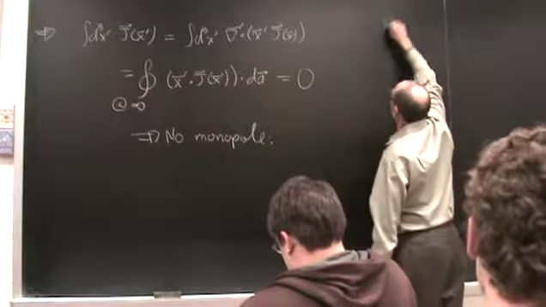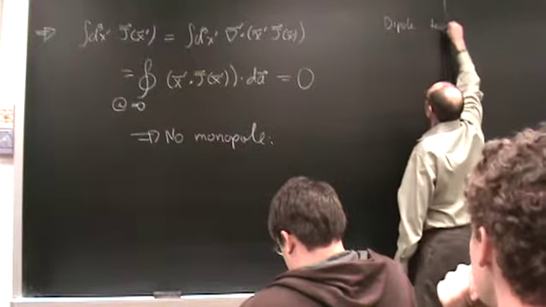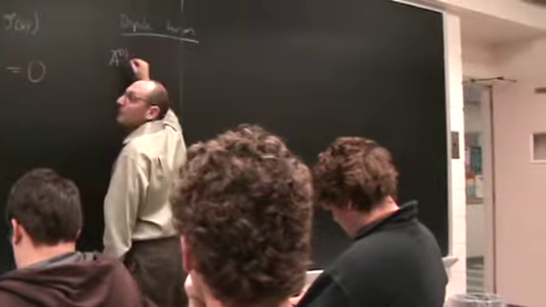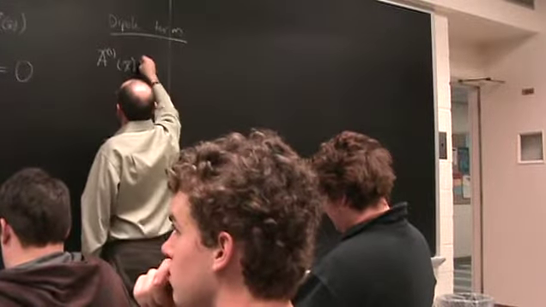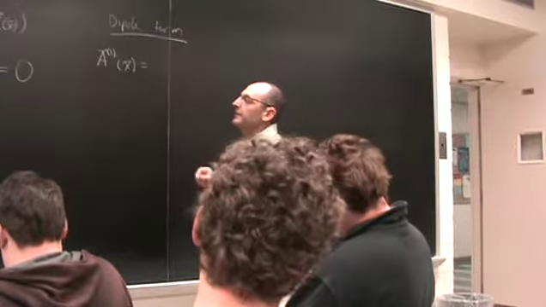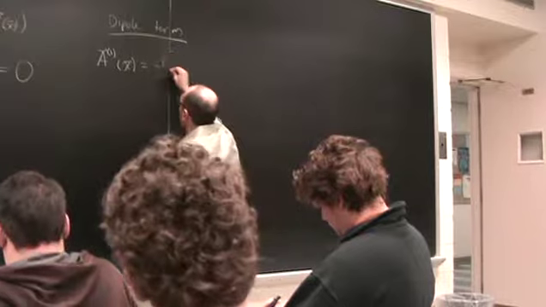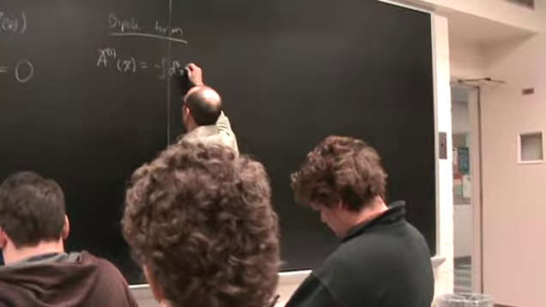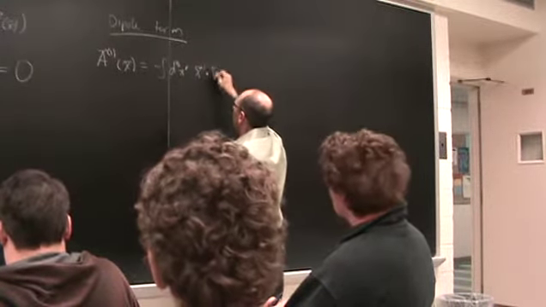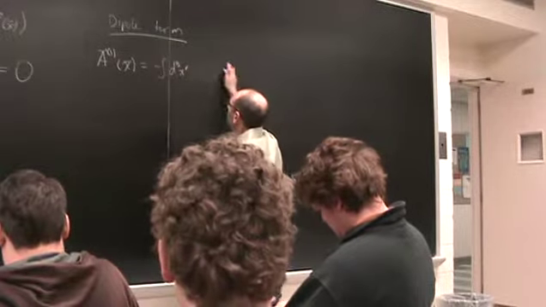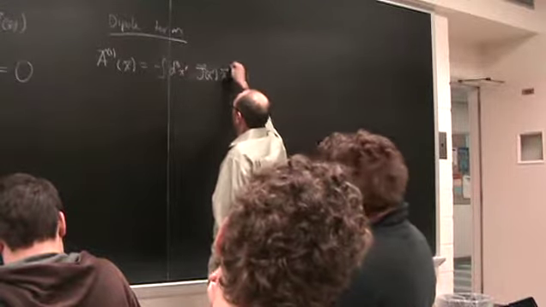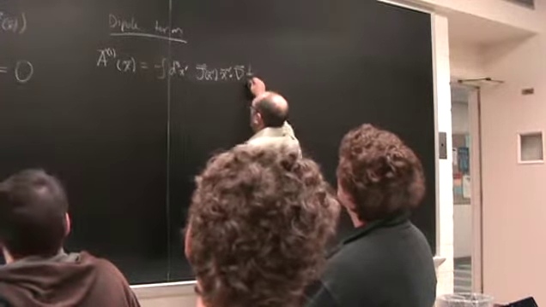What about the dipolar term? So the dipole term, A1, is equal to, let's put in L equals 1 into that expression. We have minus 1 integral d cubed x prime, x prime dotted into grad, j of x prime, dotted into grad 1 over r.